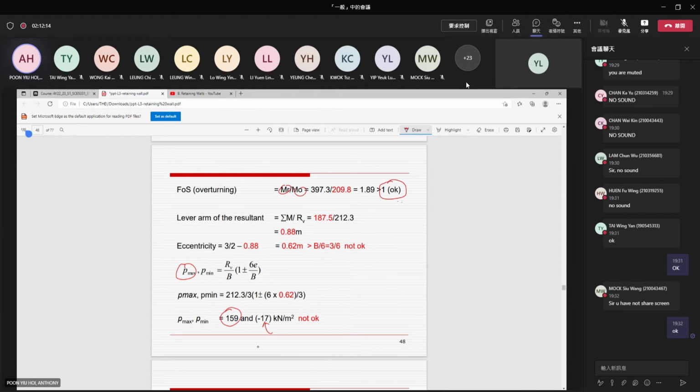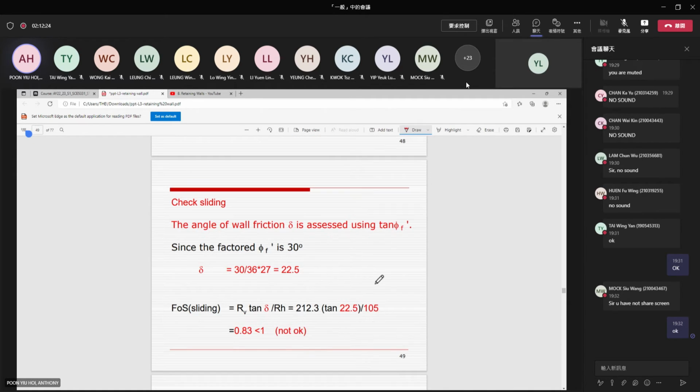There is a way of doing it with negative pressure, but it is not so good. And we also need to check sliding. For sliding, the angle is not 27, remember, because the friction angle has been changed. Before, we know that the friction angle for sliding is 0.75 of the friction angle.